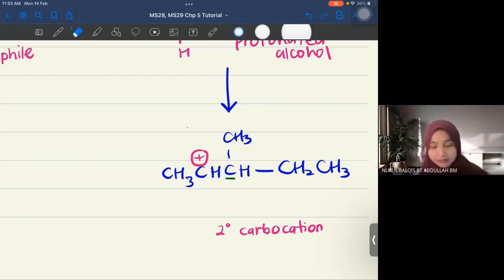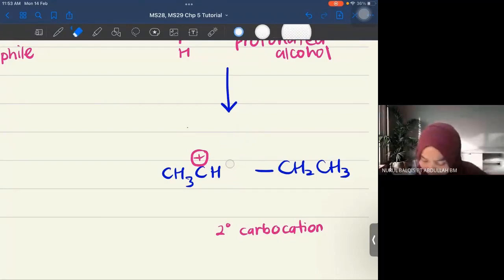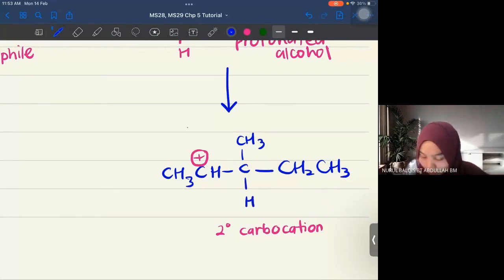Okay, bila nak rearrange, you have to show the bonding. Now, on our carbon adjacent to this carboxyl ion, we have 2 bonds. 2 bonds pula. You kena show the bonding. We have either CH3 or hydrogen to be shifted, right?